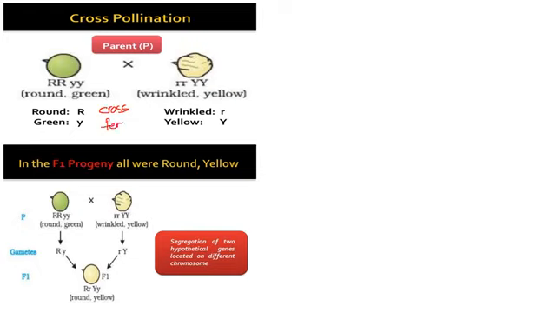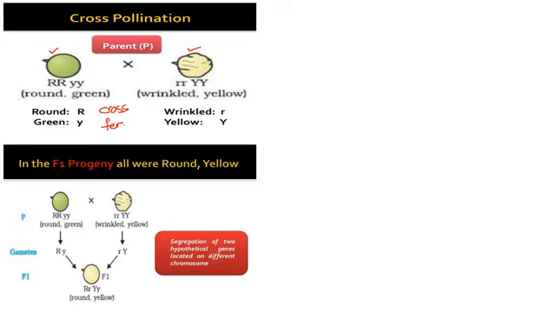He took male and female parents having different characters, and we know that it is a dihybrid cross, so he took two contrasting characters that belong to two different plants, right? And that is why we call it a cross fertilization, right?